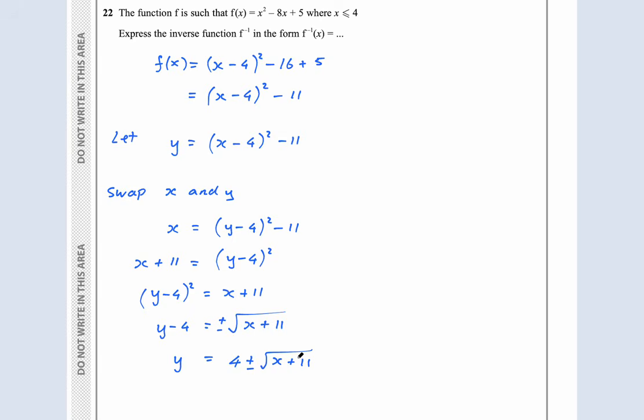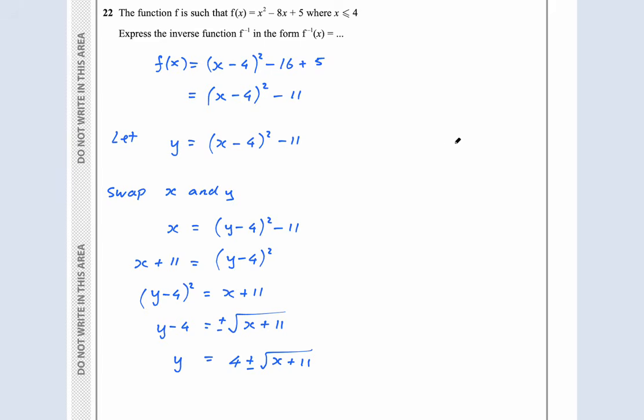Now this final bit, I always find a bit mean of them to force you to get the right one of these, because it can't be plus or minus. It has to be either the plus one or the minus one. The way we figure it out is from this domain.